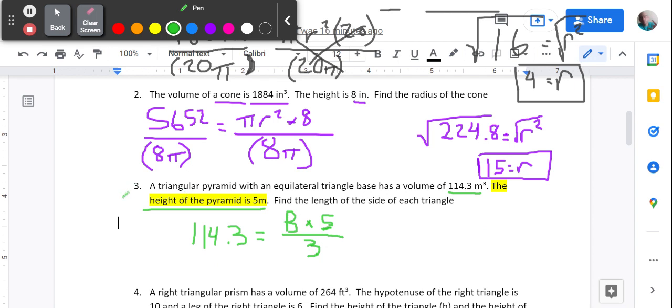All right. So now what? It's already dividing by 3. Multiply by 3, and then we can get rid of the 5 by doing what?